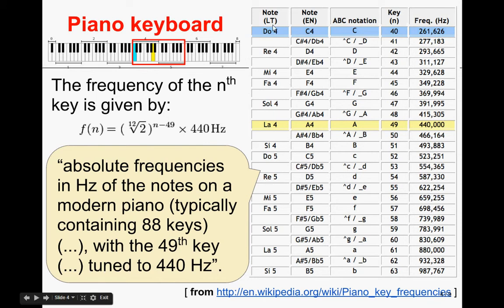The first column also shows you the representation of the same note using the Latin notation, the Latin names that are also frequent, such as do corresponds to C in the English notation. It corresponds also to C in the ABC notation.